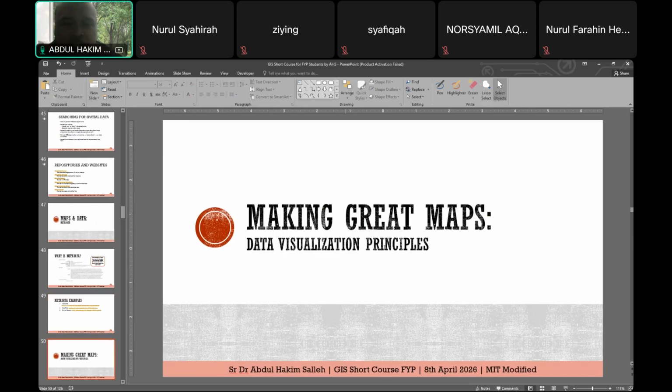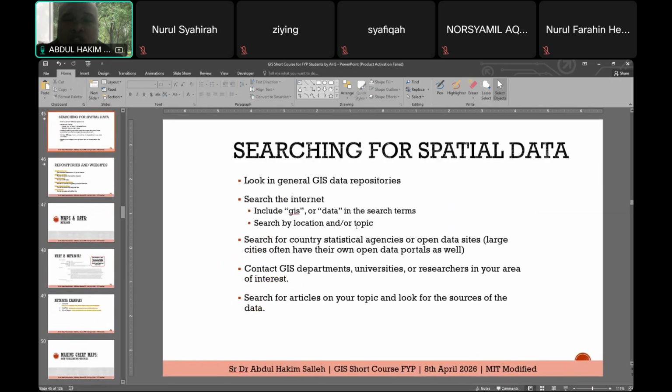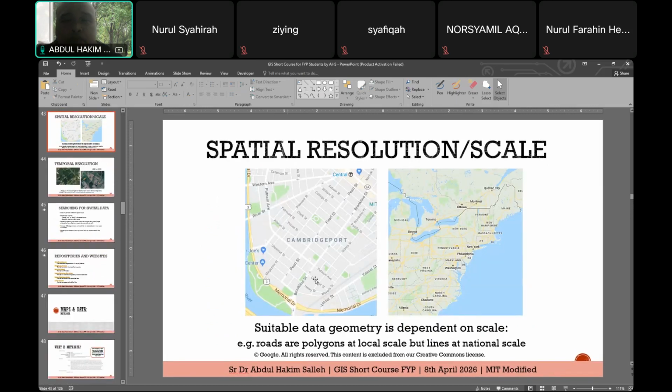Okay, data visualization principles. Now, a great map is a map that contains the science, of course, okay, for you to display any research data, findings or the results. Okay, that is the science. But it also has the second part, which is the art. Okay, what color is the best colors? Like this map, the Google map has one of the best color combinations here.